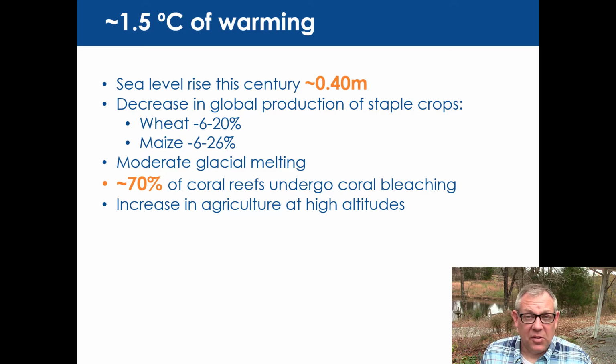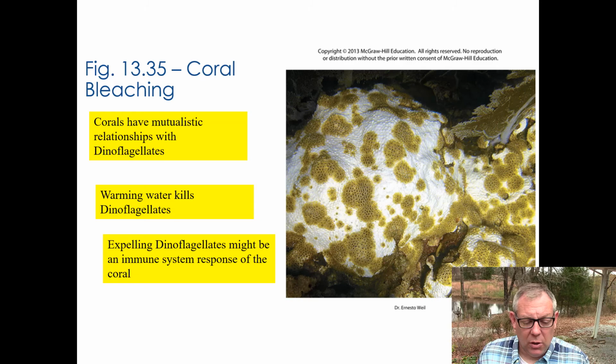One of the things that we're seeing already, even with just 1.5 degrees of warming, is lots of coral bleaching. And so what is coral bleaching? Corals, again, are animals that live in the ocean, and they have a mutualistic relationship with dinoflagellates, little protozoans. And so remember mutualism, right? Two species that interact closely and they both benefit.